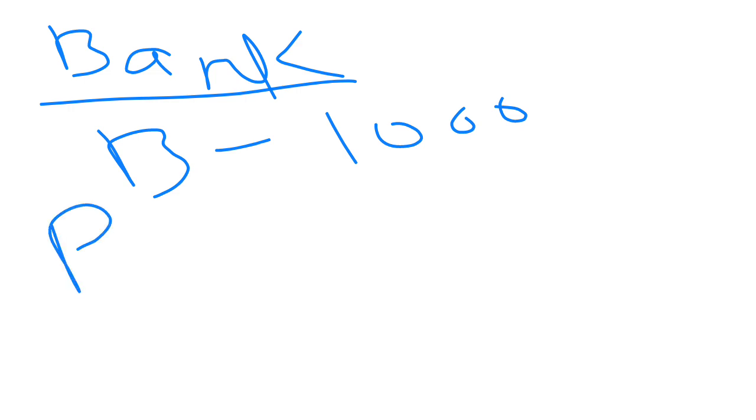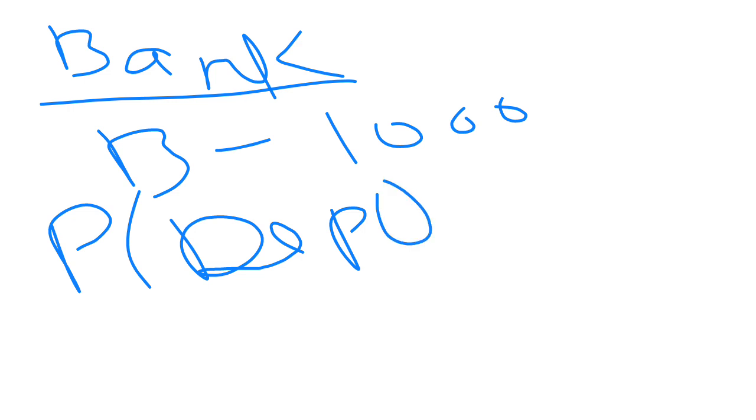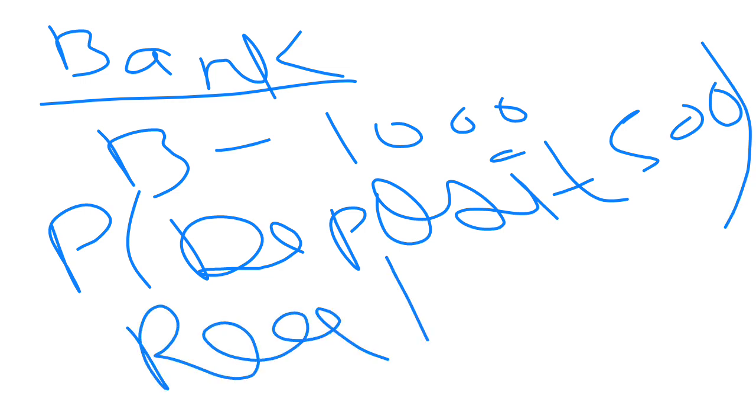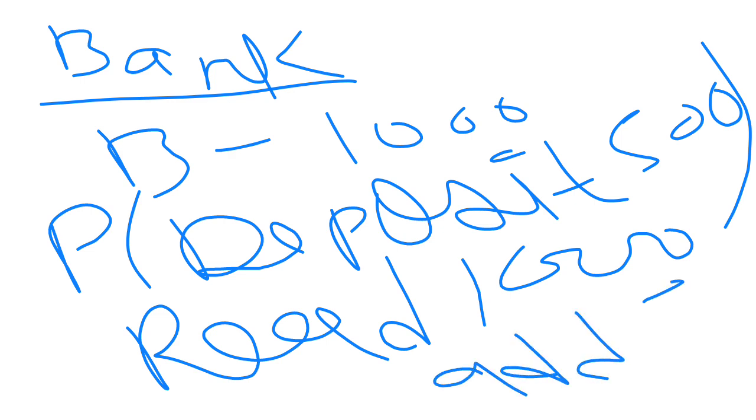Process A, a deposit process, deposits 500. It reads 1000, adds 500, and writes back 1500.